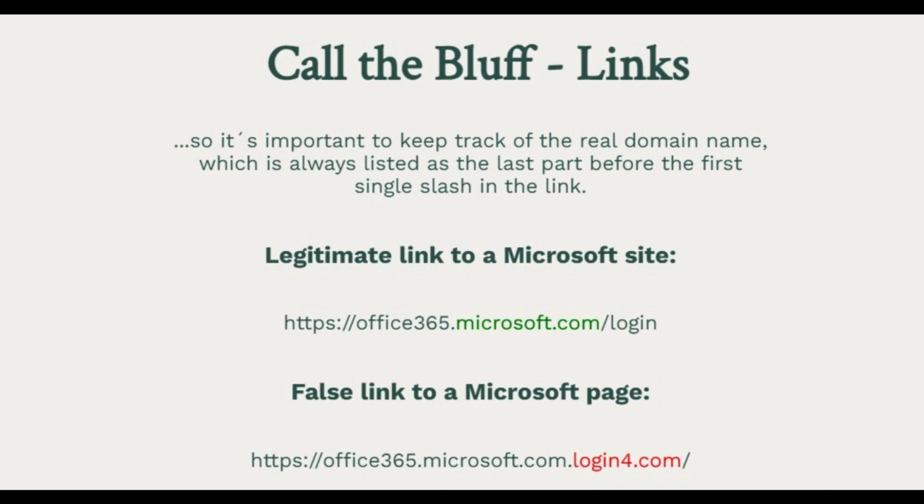The part before the first slash is microsoft.com, so it will take you to microsoft.com. But the second one, the false link highlighted in red, will take you to login4.com, even though it is written office365.microsoft.com. It is a false one. You have to remember that.